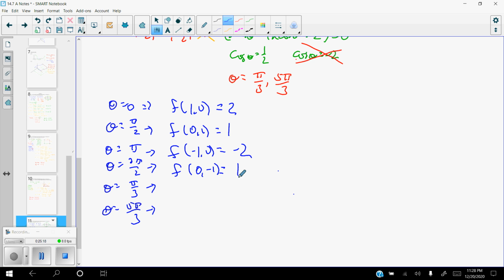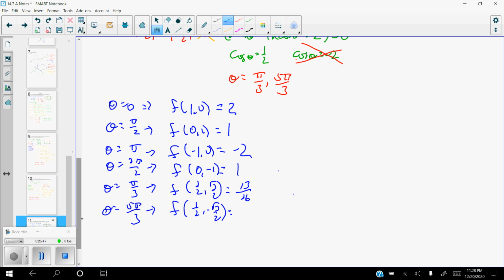If you plug in pi thirds, so cosine of pi thirds is a half, sine is root 3 over 2. Plugging that in, you actually end up with 13/16, which is less than 1, but still not as low as negative 2. And then if you plug in 5 pi thirds, you're still going to get a half for cosine, but this time you're going to get negative root 3 over 2 for sine.